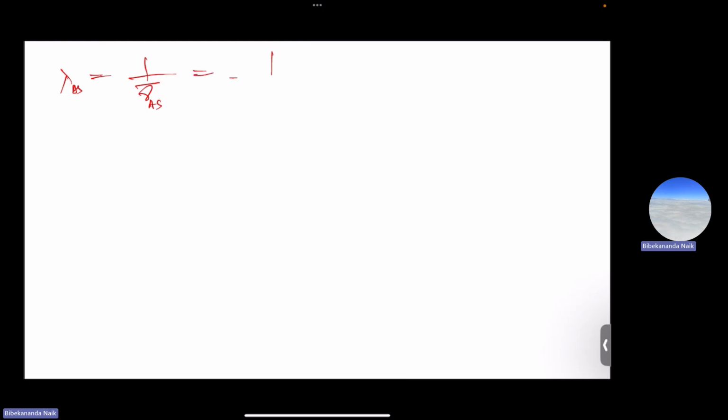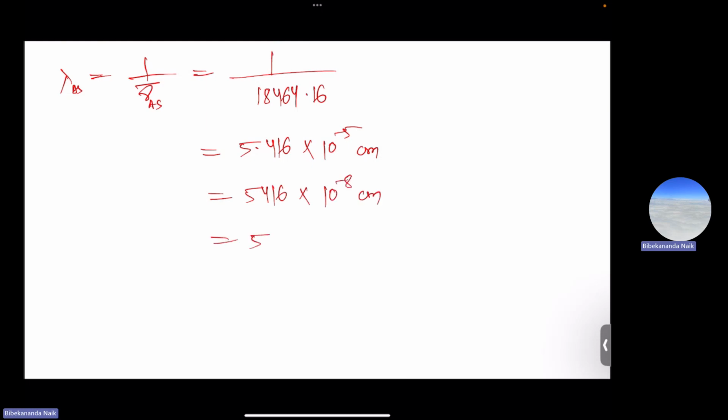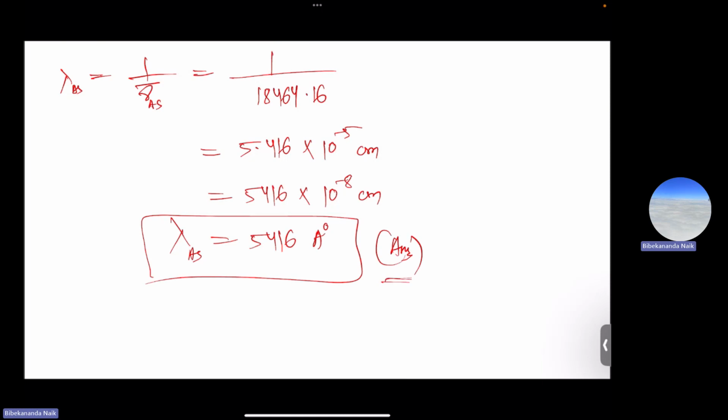It will be 1 by 18464.16, which will be 5.416 into 10 to the power minus 5 centimeter, or 5416 into 10 to the power minus 8 centimeter, which is 5416 angstrom. So the wavelength of anti-Stokes line is 5416 angstrom. So this is the correct answer.